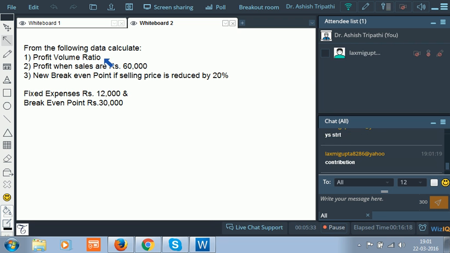Yes, contribution. Very good. Contribution upon sales into 100 is the formula for PV ratio. But if you see the whole question, we don't have contribution, right? So we won't be able to calculate PV ratio with the help of this formula, contribution upon sales into 100.